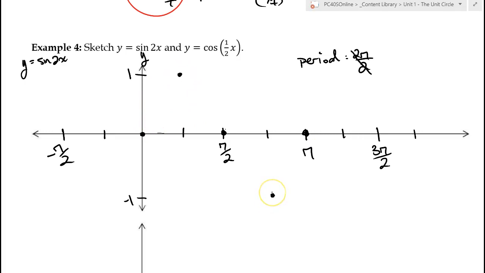Now you can plug in values into your calculator. There's nothing that says that you can't be using your calculator to determine these, but you do want to become more and more comfortable with the idea of landmarking points from a parent function and figuring out where they belong when we've transformed a graph.